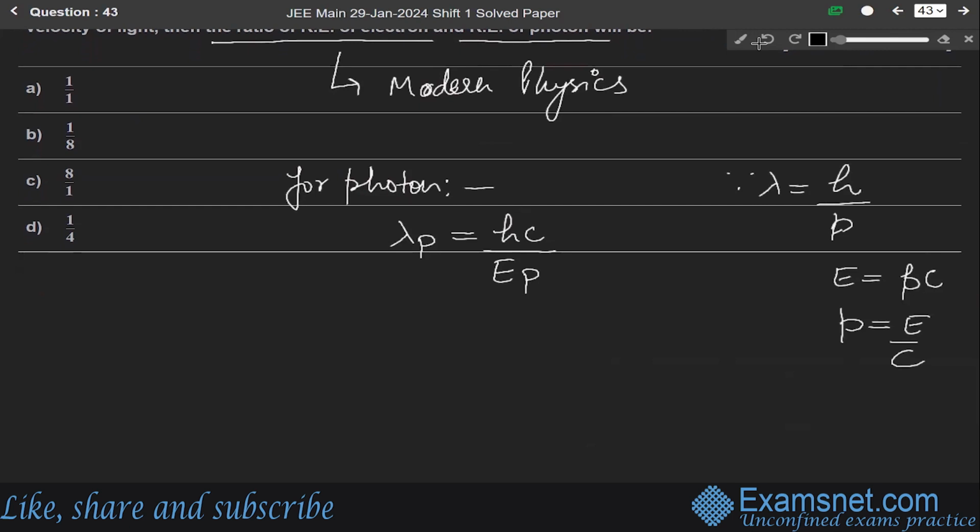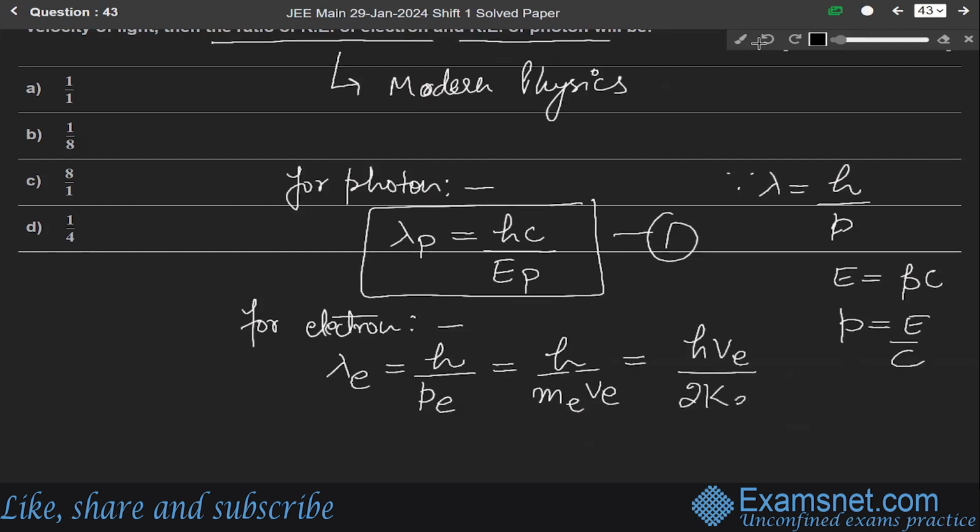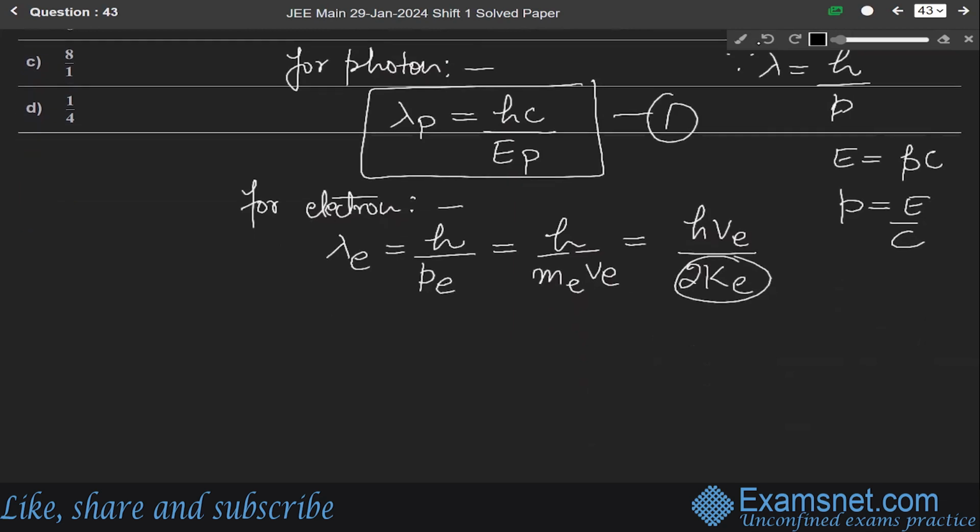So for photon, lambda equals hc over Ep, and for electron we can write lambda e equals h over pe. It will be equal to h over me ve. So it will be equal to what? h ve over 2KE. How does this 2KE come here?